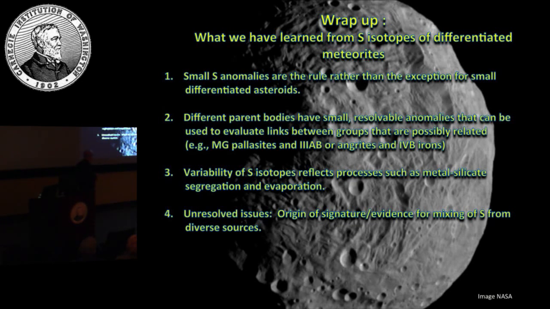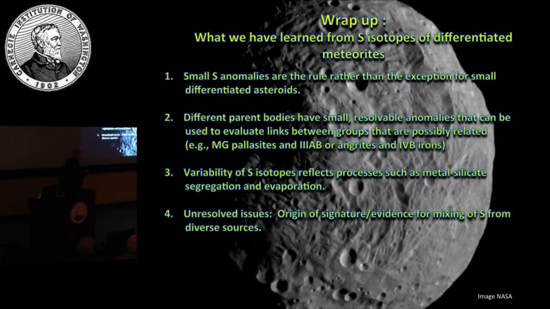So it's more a test rather than diagnostic in many cases. And then there's variability in sulfur isotopes, some of which we can link to silicate segregation or to evaporation. And then there is this key unresolved issue, which is what is the origin of the signature, this anomaly?